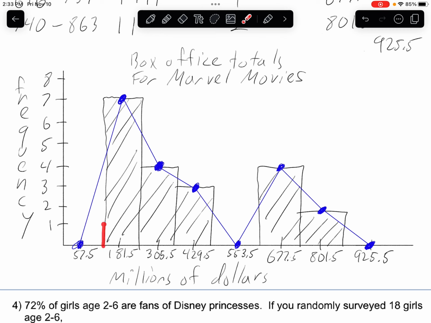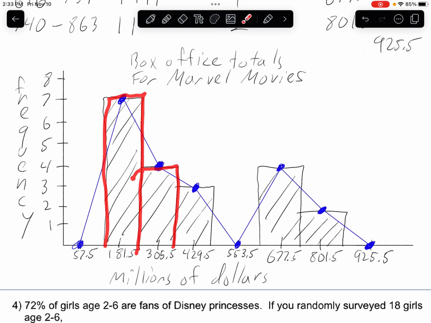So starting with 181.5, this is a frequency of 7. So we'll draw that rectangle up to 7. The next category goes up to 4, so we draw a rectangle going up to 4.